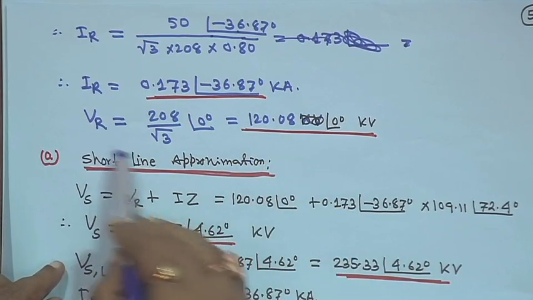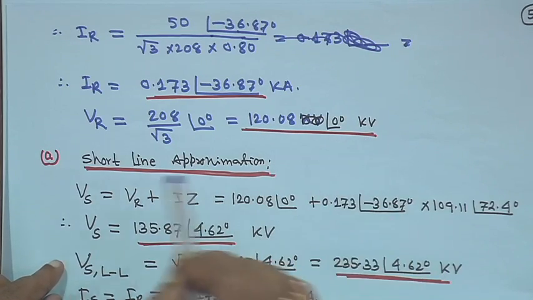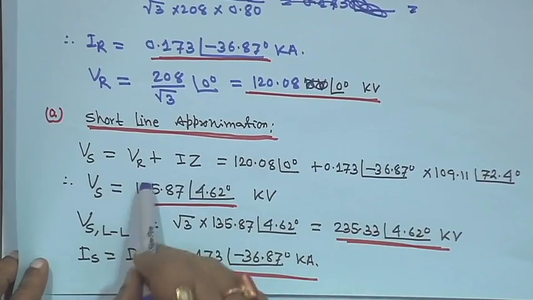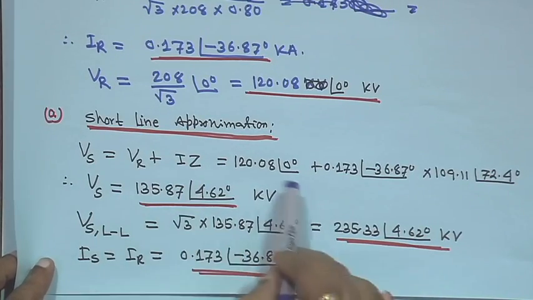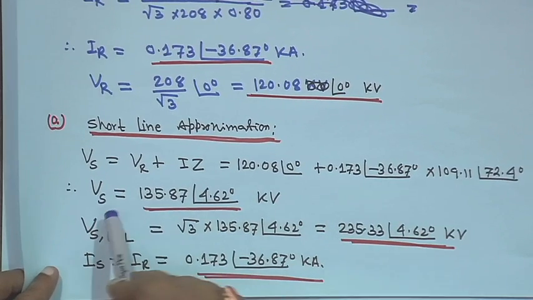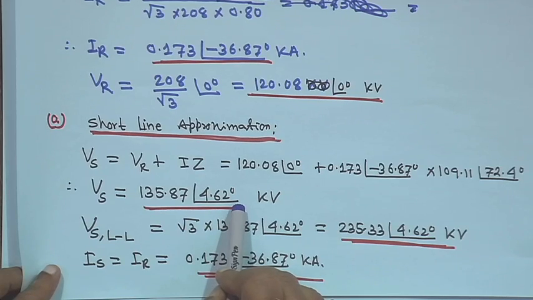So, phase voltage is 208 upon root 3, that is 120.08 angle 0 degree kV. Now, first consider the short line approximation. Short line means Vs is equal to Vr plus Iz. So substitute Vr, then I and then Z, and you will get Vs is equal to 135.87 angle 4.62 degree kilovolt.